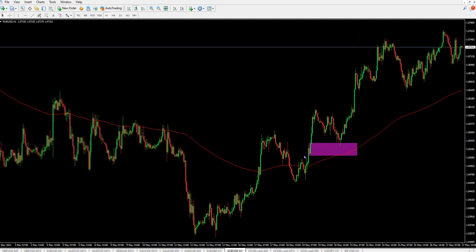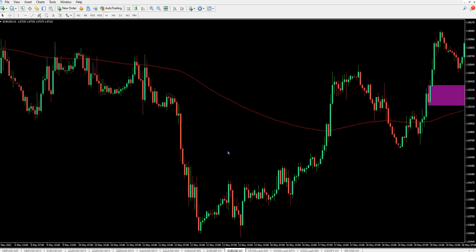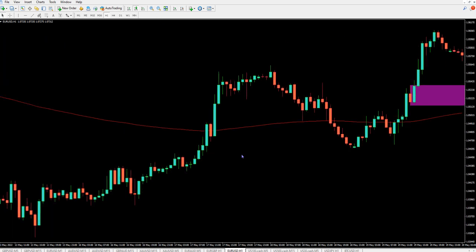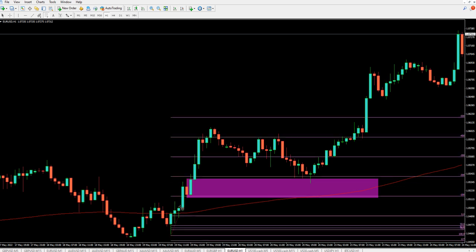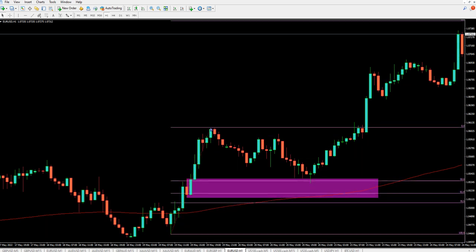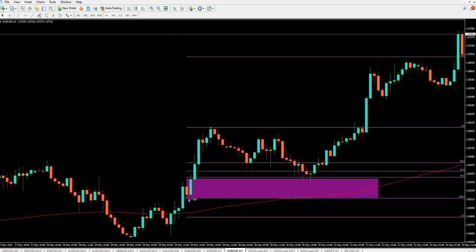A classic way to use a fib would be from this low to this high, and we can see it does go into discount of the range. However, you can also use it from just your supply or demand zone, right?